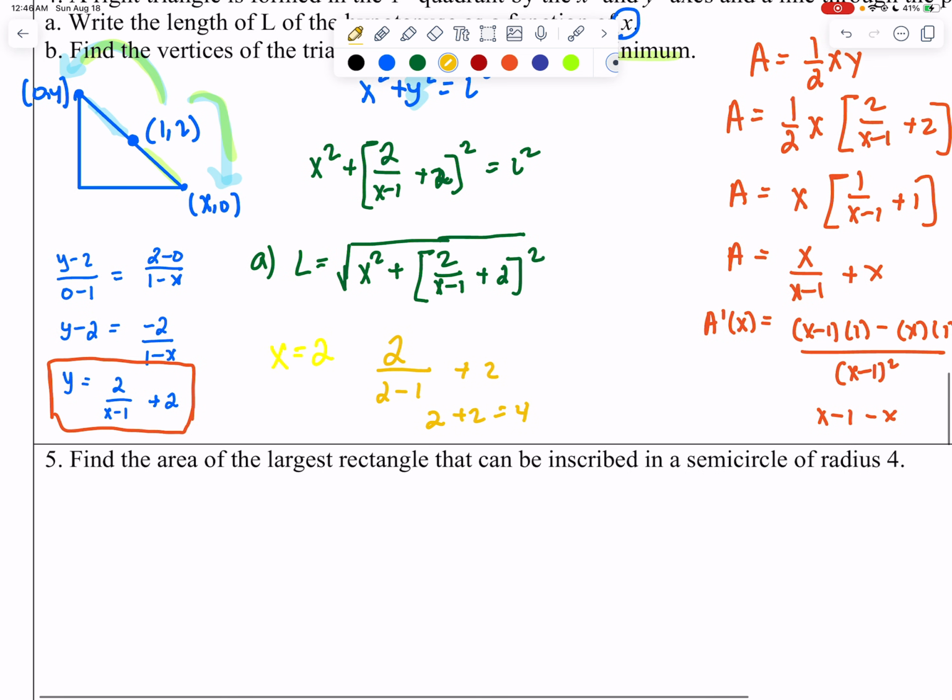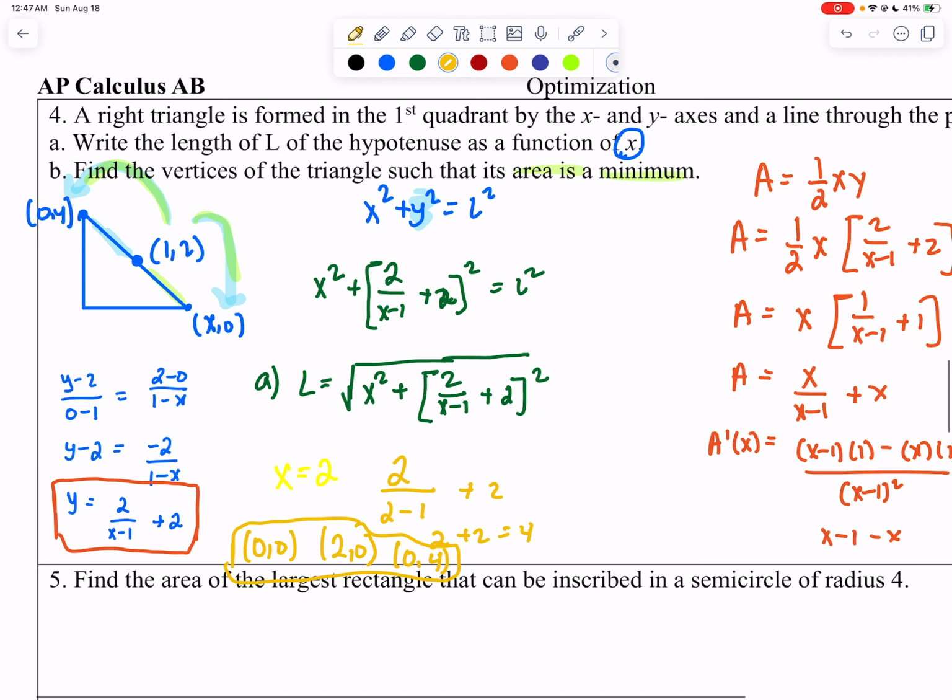So this means that my vertices are going to be (0, 0), (2, 0), and (0, 4). So these are going to be my vertices where my triangle area is a minimum.